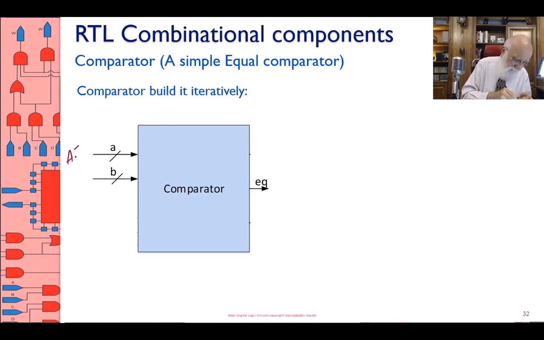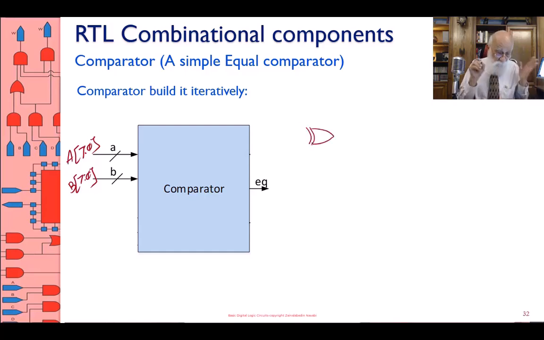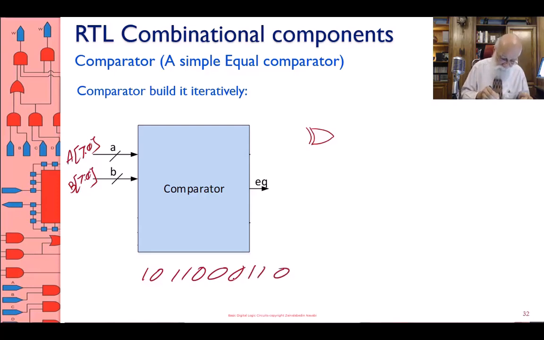Again, let's say A is 7 colon 0, B 7 colon 0. The way I look at it is this. Initially, when you have two numbers, I'm going to do binary here.